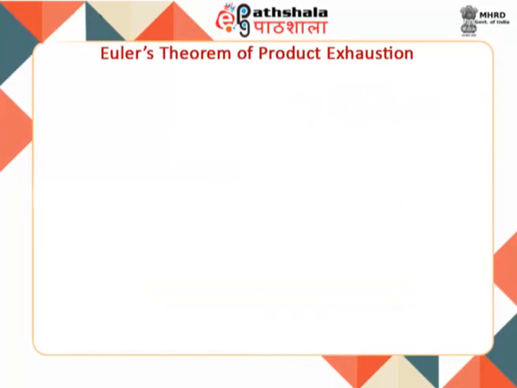Euler's theorem of product exhaustion. Leonard Euler examined the product exhaustion relation and showed that the identity expressed in the equation Py·Y = Py·MP_L·L + Py·MP_K·K is satisfied under the linearly homogeneous production function.